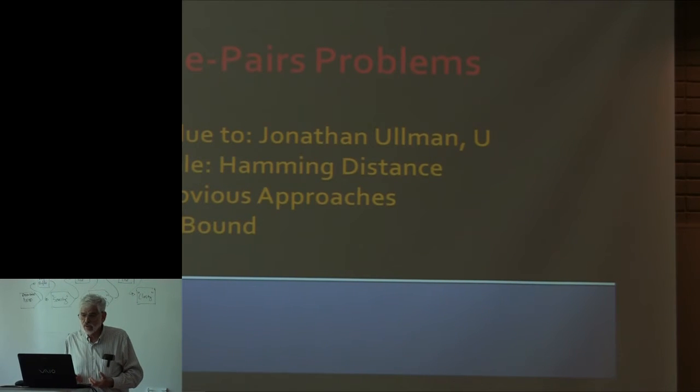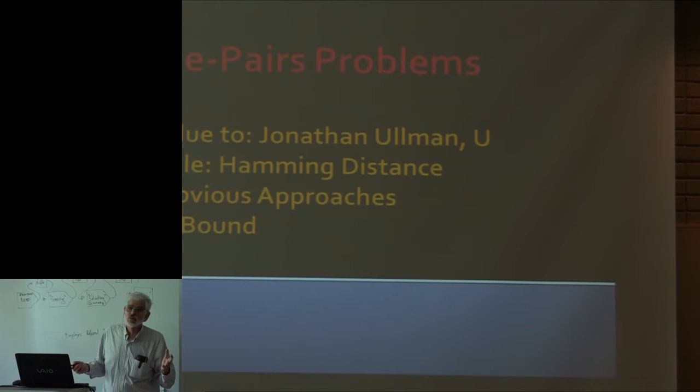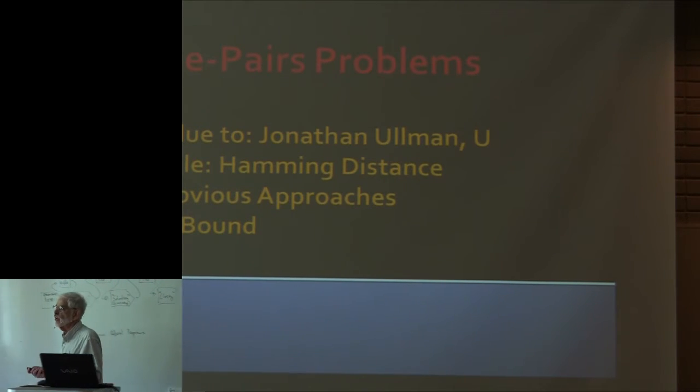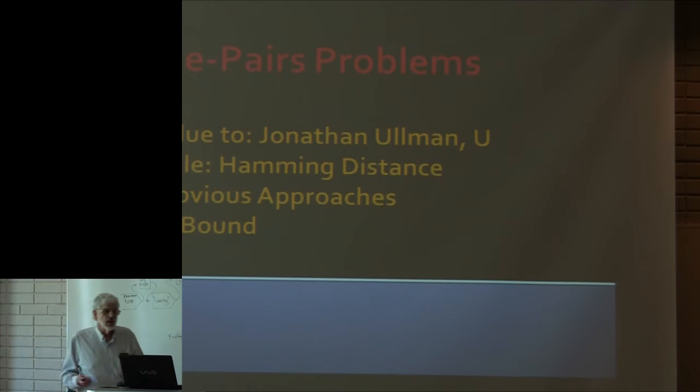Anyway, I want to talk about the Hamming distance problem as an example of a realistic sum pairs problem. And then I'm going to tell you, there are 2 algorithms that will work in general and are kind of obvious.